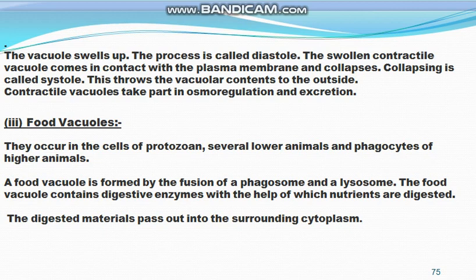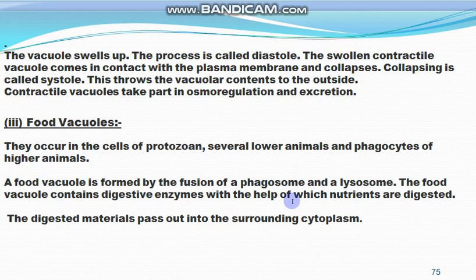Then the third type of vacuole is the food vacuole. Food vacuoles occur in the cells of protozoans and several lower animals and in phagocytes of higher animals. The food vacuole is formed by the fusion of the phagosome and the lysosome.